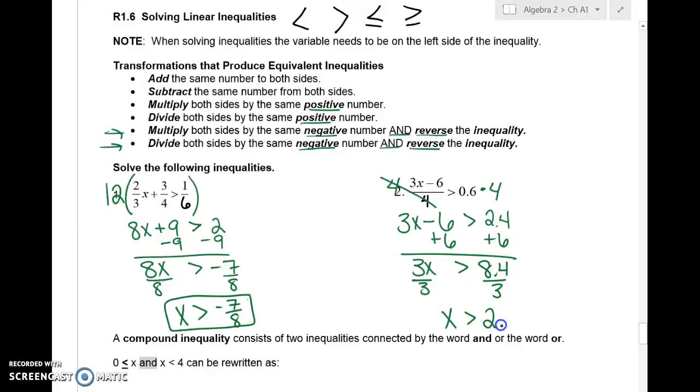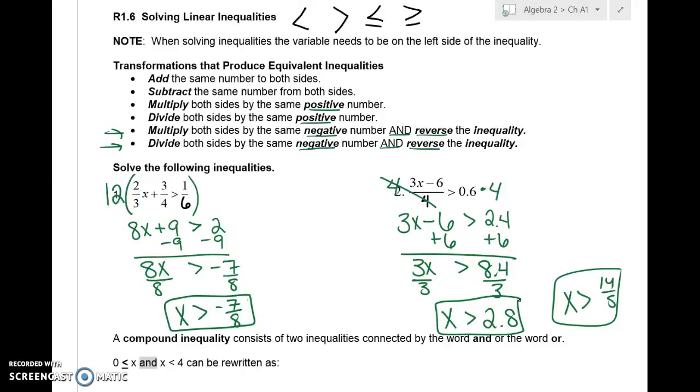And this is the decimal 2.8. 2.8 is a nice terminating decimal. It's not multiple numbers after the decimal point, so we can leave it as 2.8. If you want to change it to a fraction, that is also fine. It would be the fraction 14/5. So x is greater than 14/5. But if your problem starts out with decimals, it's fine to write your answers with decimals.